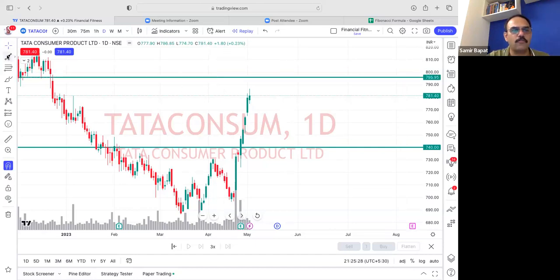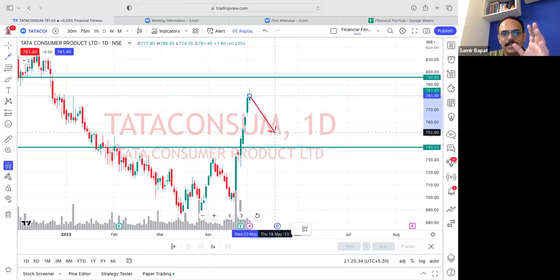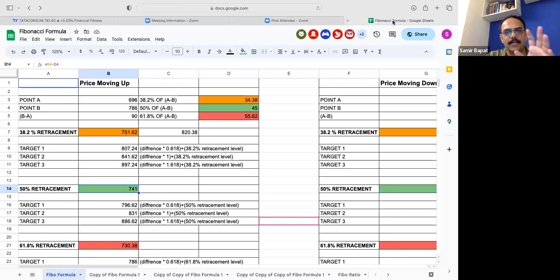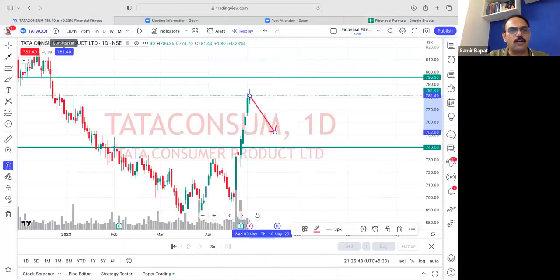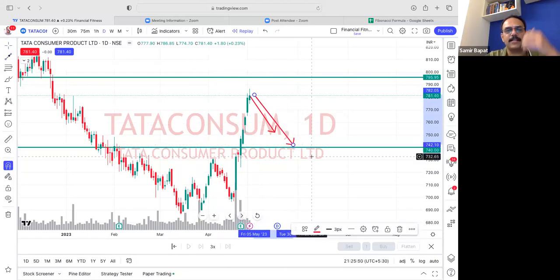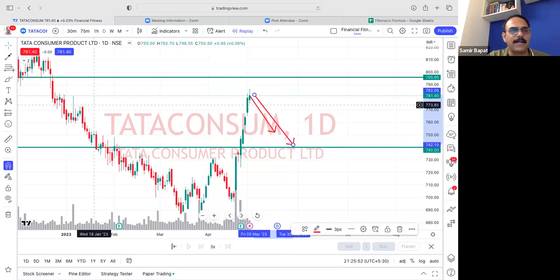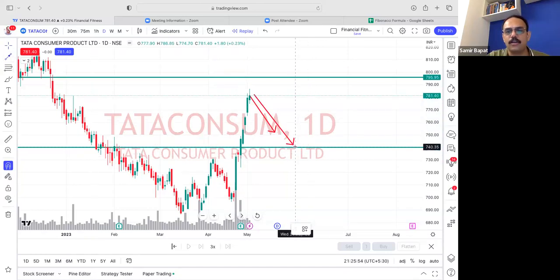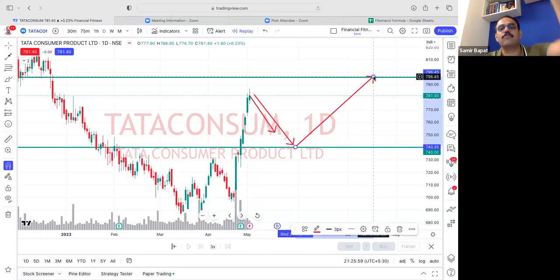So what you have to wait for is, in case it slows down and comes back, you have to either take a trade at 38.2, or there is a likelihood that it might take support at 50%. And when it comes to 50% and takes support with a reversal pattern, you can observe that it is likely to go up again. This is target 1, target 2, target 3.